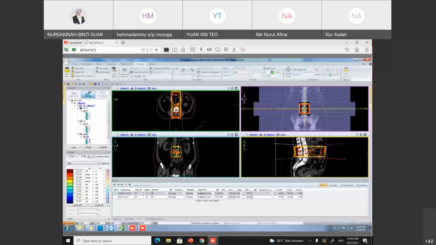Actually, for this here, you can see, okay, how about this slice? You see, the orange color is not covering the vertebra. It's not 100% over there. Do you think we need to adjust to get it 100%? Do you think we need to adjust it?